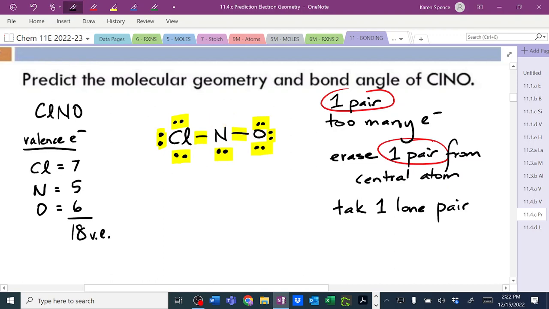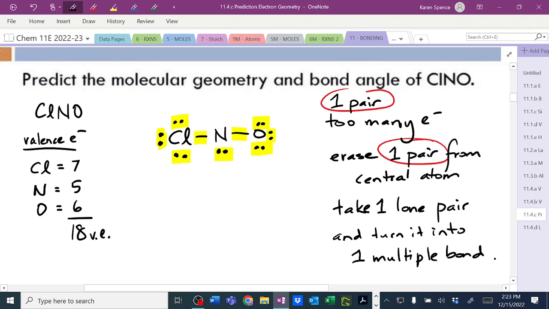So if I erase this here, take 1 lone pair and turn it into 1 multiple bond. So this is going to tell me how many multiple bonds I'll need.